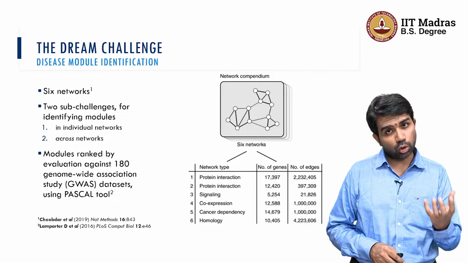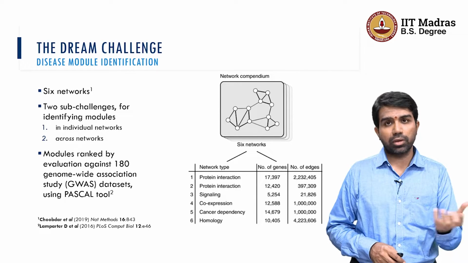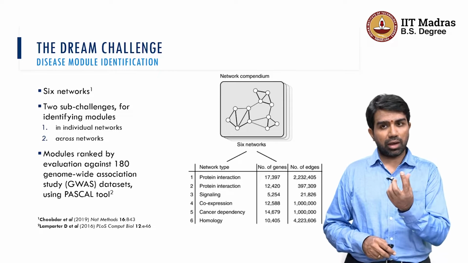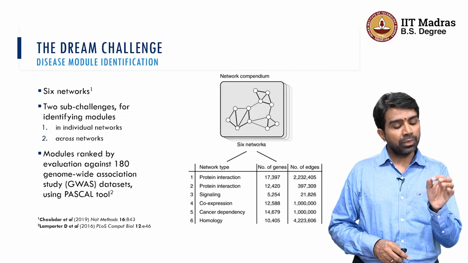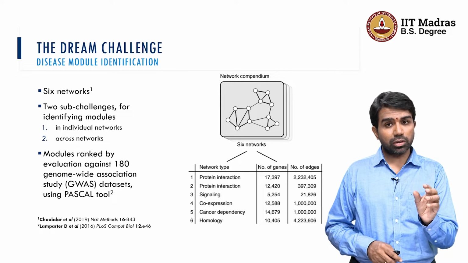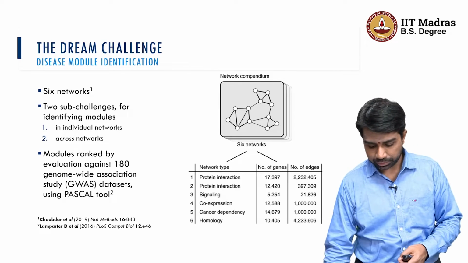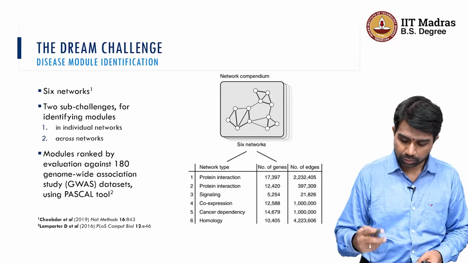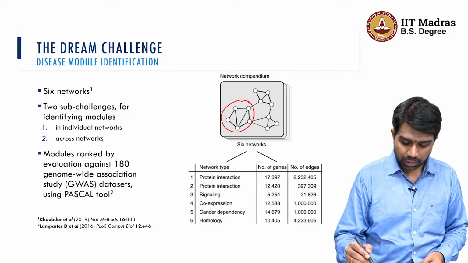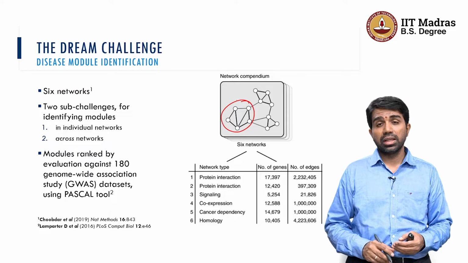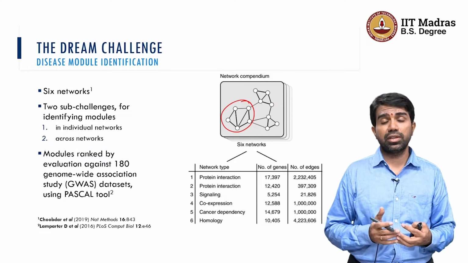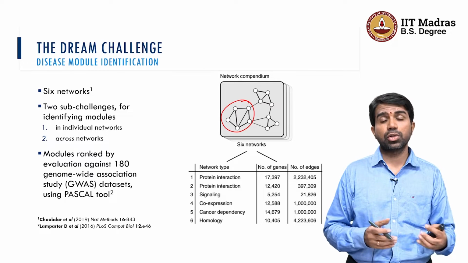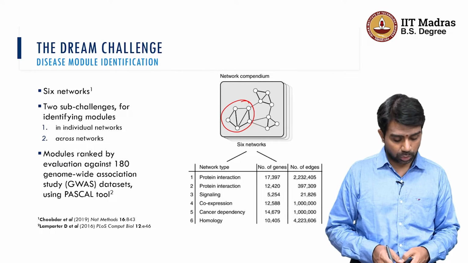I use the terms gene, node and protein interchangeably, because in these networks every node stands for a gene or a protein, and then you predict modules. You say that this particular subset of nodes is a module. Then is this disease relevant? Does it have enough genes that are associated with the disease?